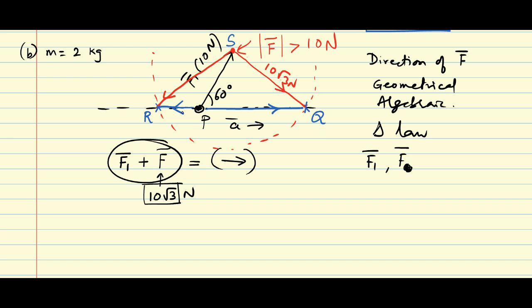Now the acceleration of the particle is towards the right, which would mean that this particular choice of F bar is ruled out because it yields a leftward force, and this choice is the correct choice because it yields a resultant force which is rightward.